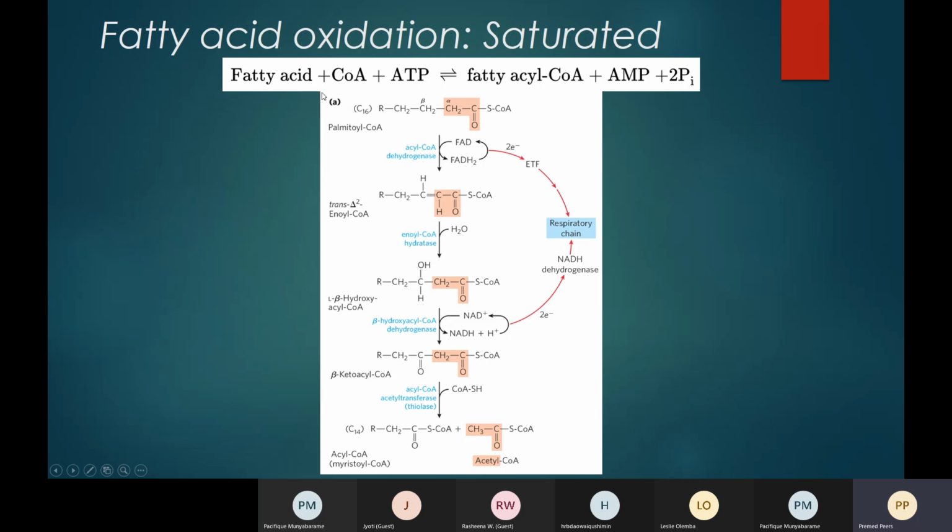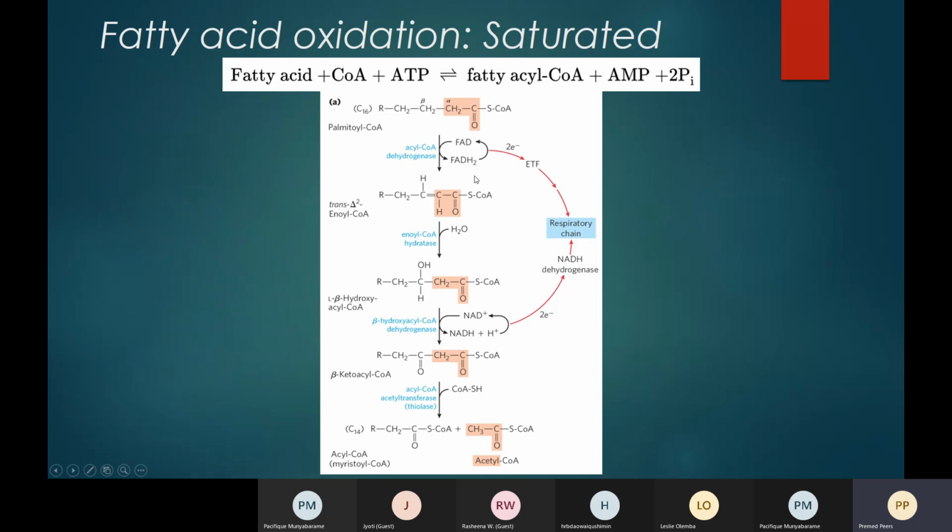It's the same as in acetyl-CoA. So we need an ATP to activate it, and then that's what's entering here. Through this stepwise oxidation, we make one FADH and one NADH, and we eventually chop off a 2-carbon chunk, or acetyl-CoA. Good to know that that's a 2-carbon thing.